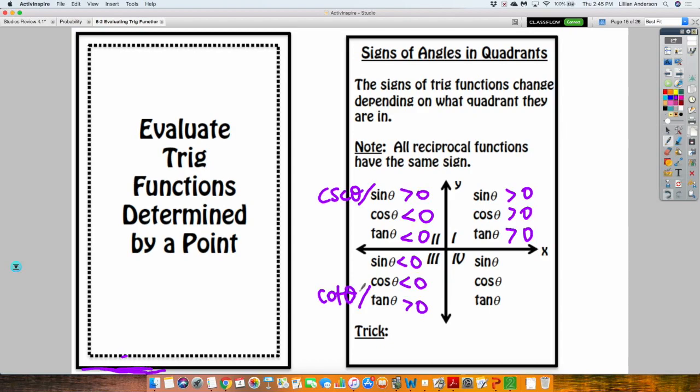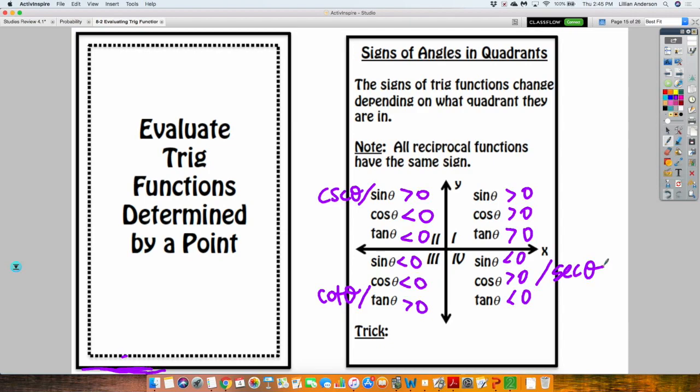Cotangent. And then in the last quadrant, quadrant 4, sine is negative, cosine is positive, and tangent is negative. Because again, your x coordinates are positive here. Which means what reciprocal function is positive? Secant. Remember, secant goes with cosine, cosecant goes with sine.